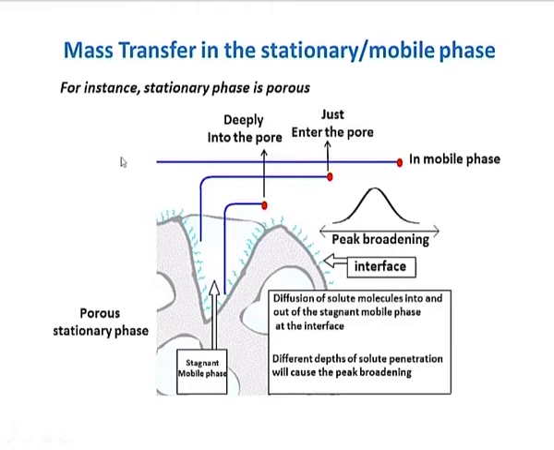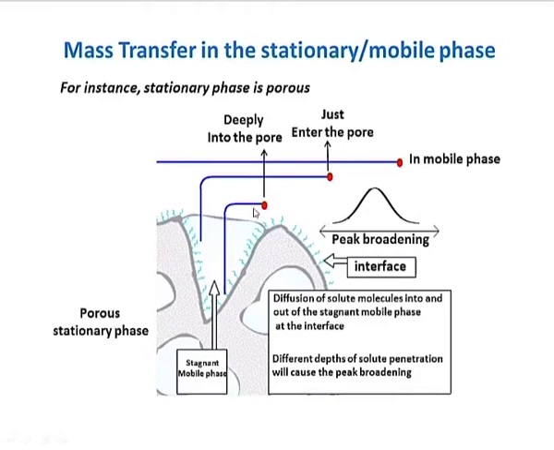Now, the mobile phase is going across and over this stationary particle. For any distribution of a solute particle between the stationary phase and the mobile phase to occur, let us say these two solute particles, both would have to move to this interface here. This is the interface.